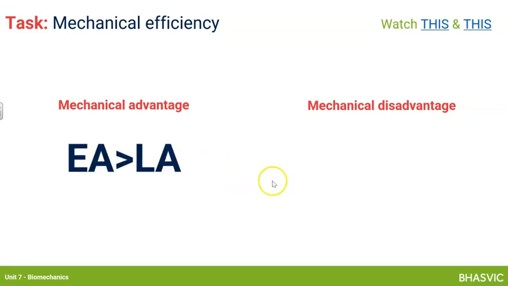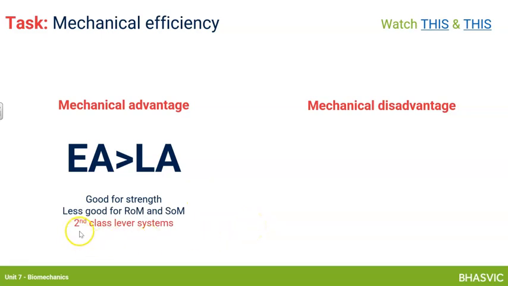Hopefully you remember that that means if the effort arm is bigger than the load arm, then that lever system is great for strength and force generation, but not so great for range of movement and speed of movement. And that typically would be our second class lever systems, where the load arm is in the middle between the other two components, the effort and the fulcrum.